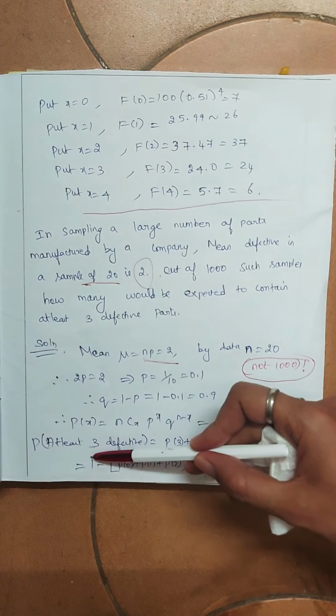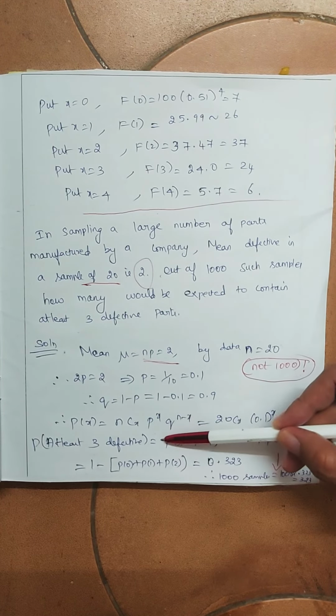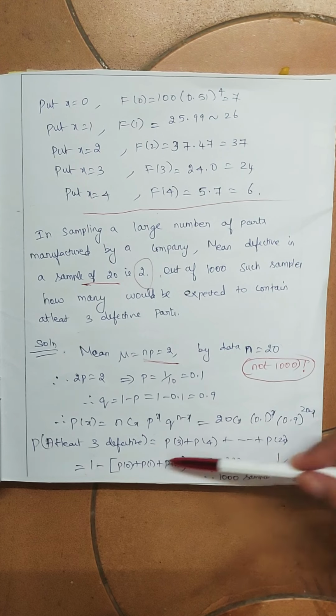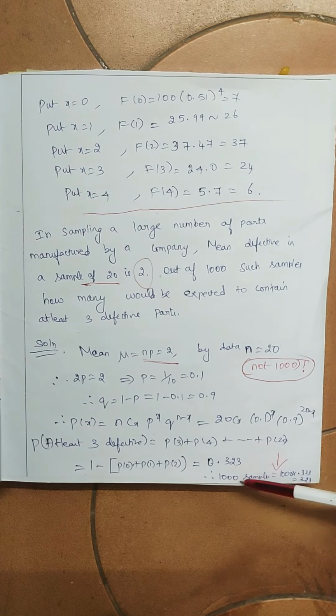So total probability is 1 minus whatever is left. What is left here? 0, 1, 2. This summation gives 0.323, so this is for one such sample. Therefore, for 1000 samples, 1000 into 0.323 equals 323. This is not visible, we are just multiplying it by 1000.